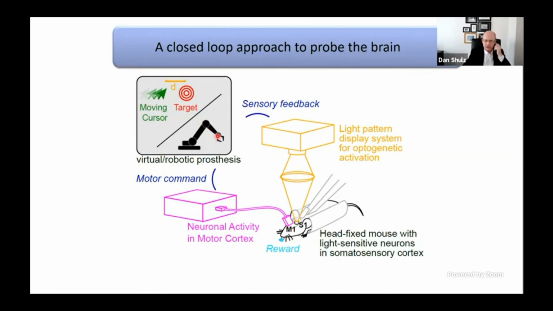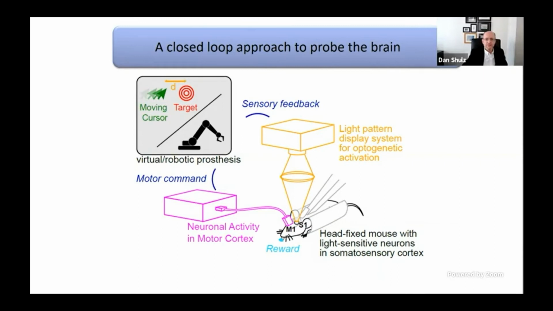In this case, it was just a 1D, 1 degree of freedom prosthesis. And the position or the velocity of this cursor or the prosthesis was fed back into the somatosensory cortex through a display system for optogenetic activation.